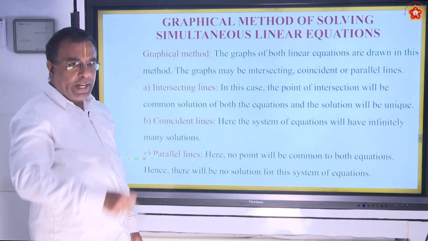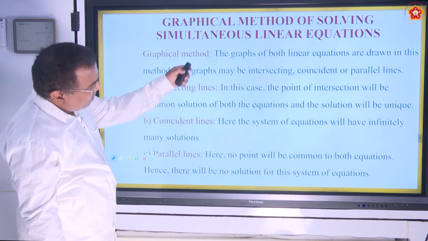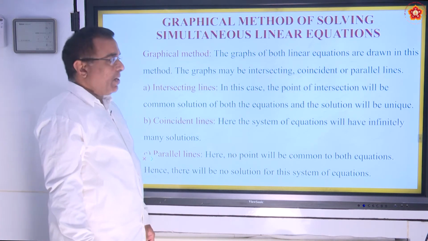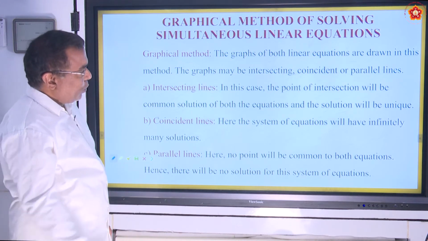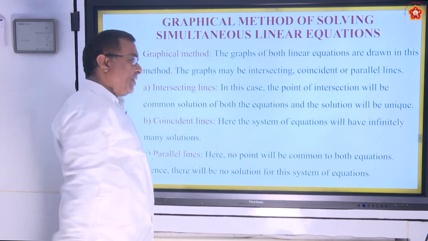All the graphs are going to be lines only. Now, when two such linear equations are drawn on the same graph sheet, you will note that it will be either intersecting, coincident or parallel lines.